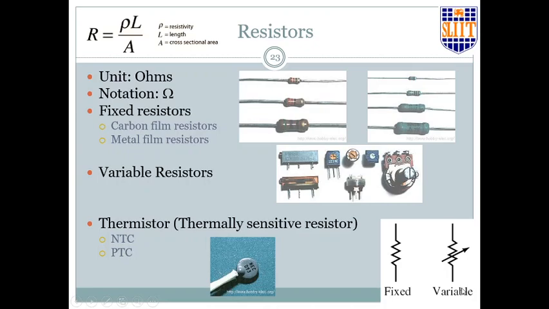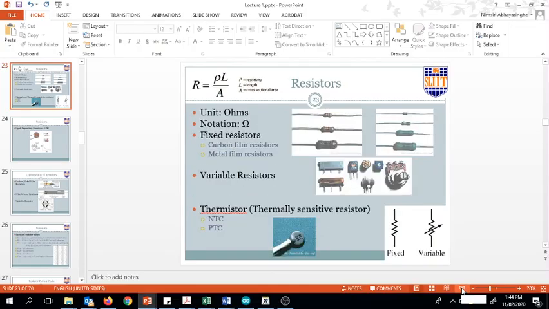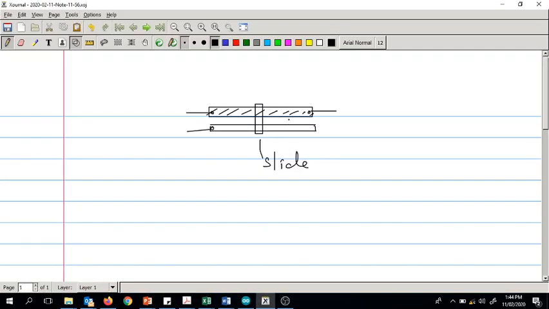Sometimes the variable resistors can look like this, sometimes like this, or even like this. Right? All these are variable resistors, and this terminal, or the one that was there in the slide, is this. This terminal, this one is the varying component.